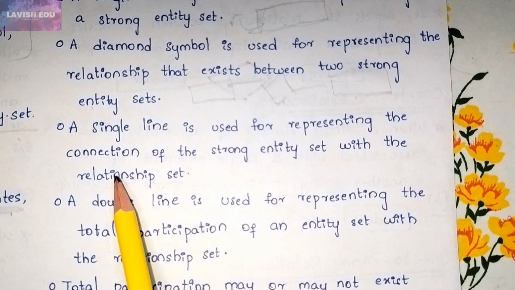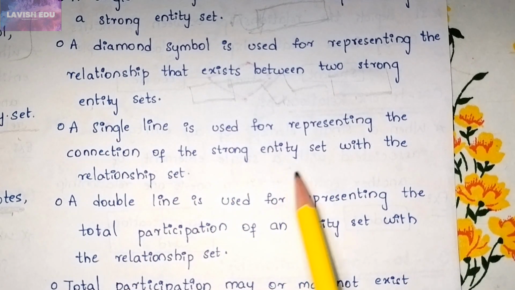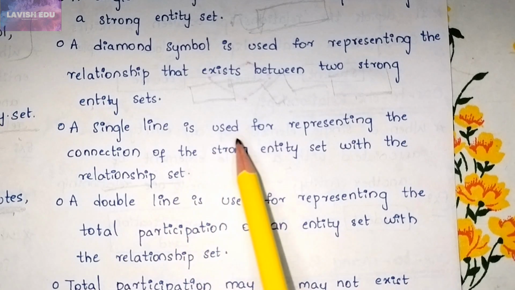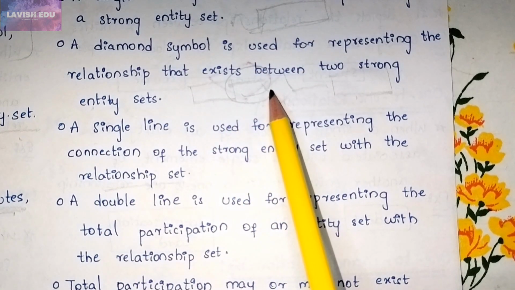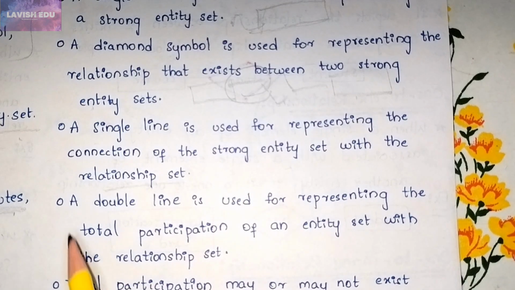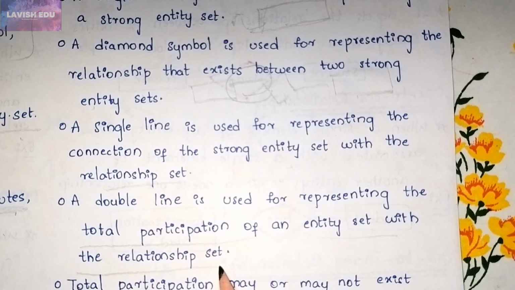Next, a single line is used for representing the connection of the strong entity set with the relationship set, and a double line is used for representing the total participation of an entity set in the relationship set.